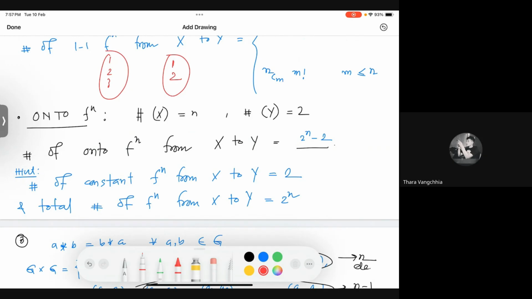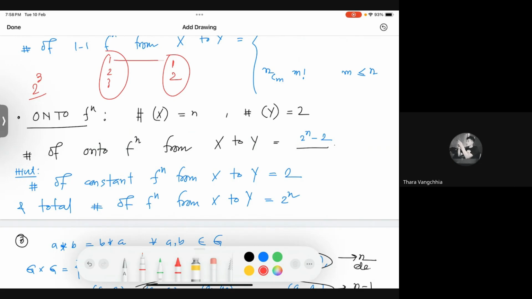If I want the number of onto functions, think like this: first of all, how many functions are there? 2 to the power 3, because one has two choices, two has two choices, and three has two choices. So 2 into 2 into 2 means 2 to the power 3 functions. But how many are not onto?